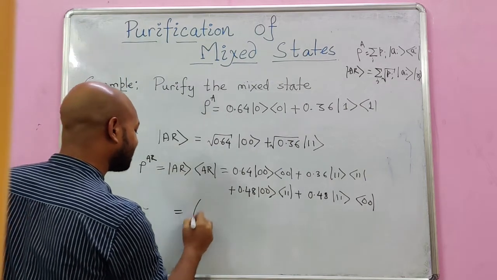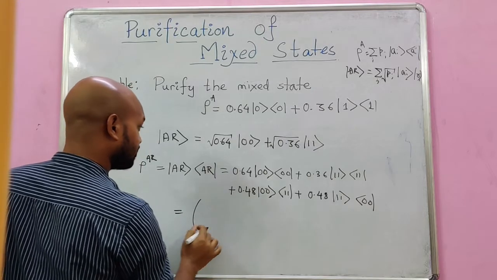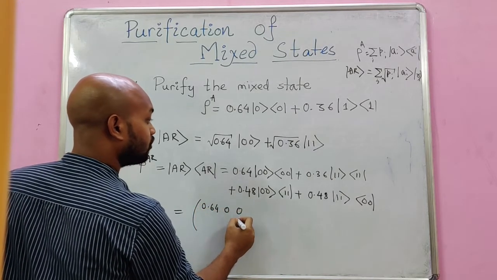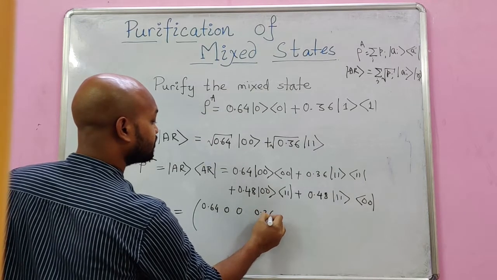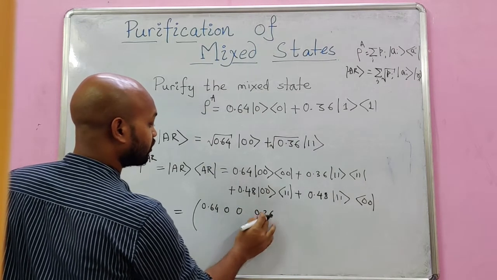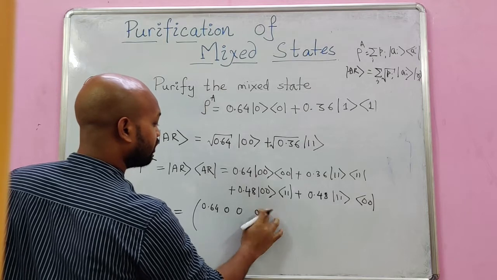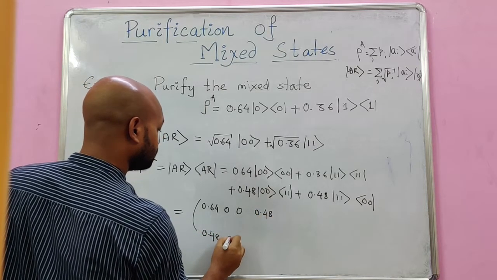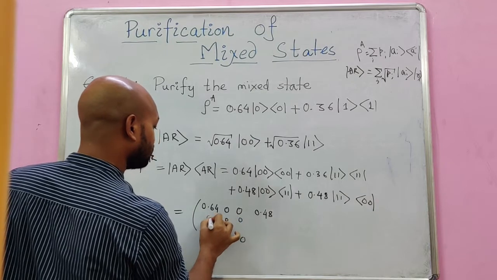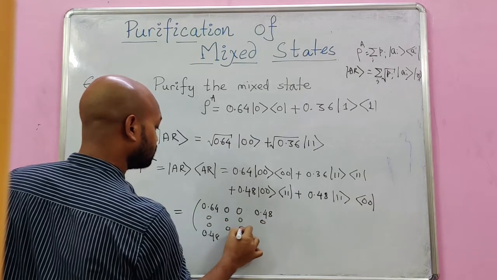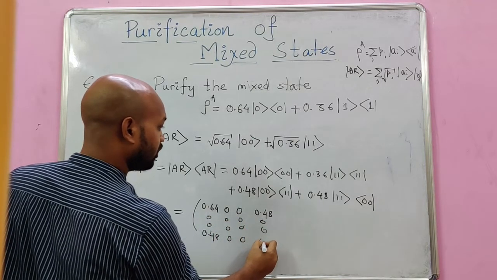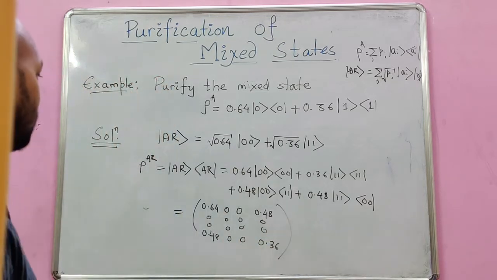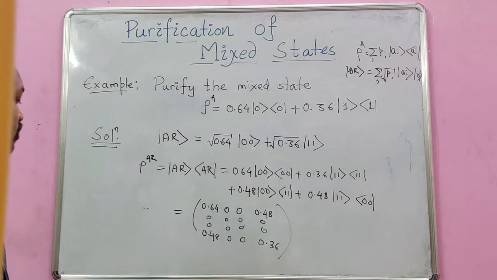So this is the following matrix: 0.64 here, 0.48 here, 0.48 here, and 0.36 here, with zeros elsewhere. Okay, so this is rho AR.